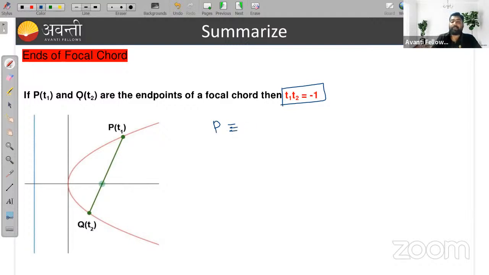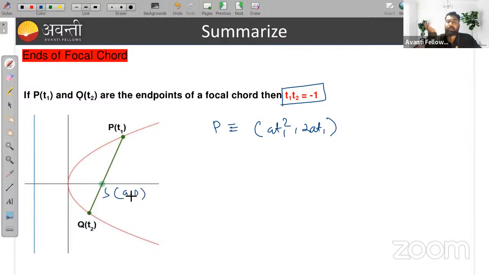That is (at1 square, 2at1). So this is the coordinate of point P. Can you tell me what is the slope of this PQ? This is my focus and the coordinate of the focus is (a, 0).